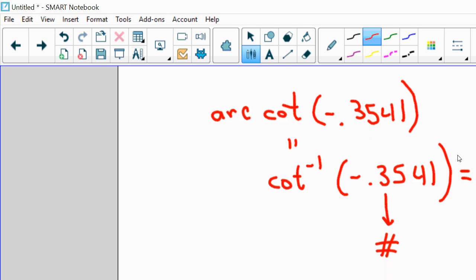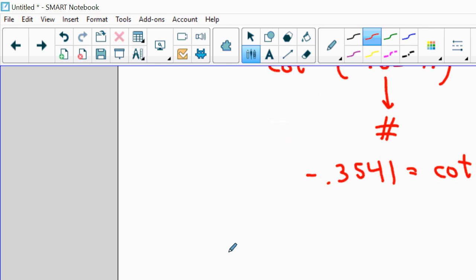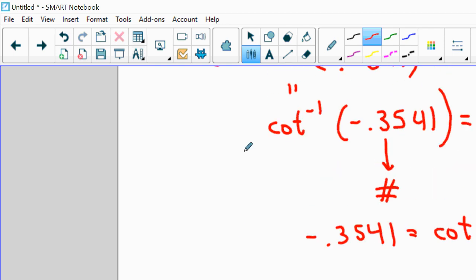Some people want to reciprocate. Well, here, let's take cotangent of both sides. Now, some people want to reciprocate, but trust me, this is going to get you into a world of hurt, because cotangent inverse is defined in the first and the second.